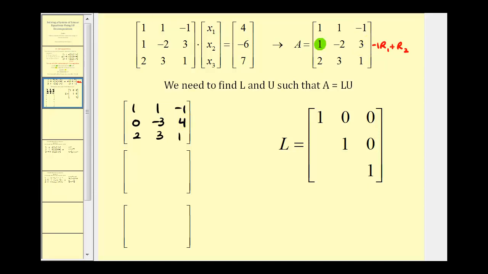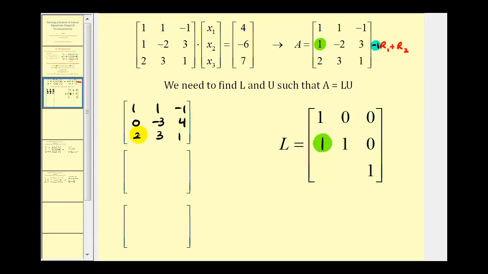Now we use the multiplier of -1 to help us obtain a 0 in row 2, column 1, which means the element in row 2, column 1 of our lower triangular matrix will be the opposite of our multiplier, or the opposite of -1. So this element here will be +1.